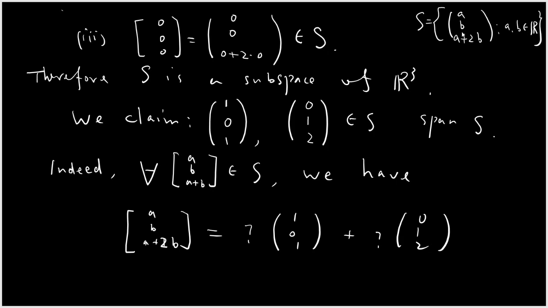We chose two vectors. We want to show every vector in S is a linear combination of these two vectors. So please, I'm looking for two coefficients. I'm looking for two scalars. One may not be good. If you choose 1, the right hand side would be 1 3.